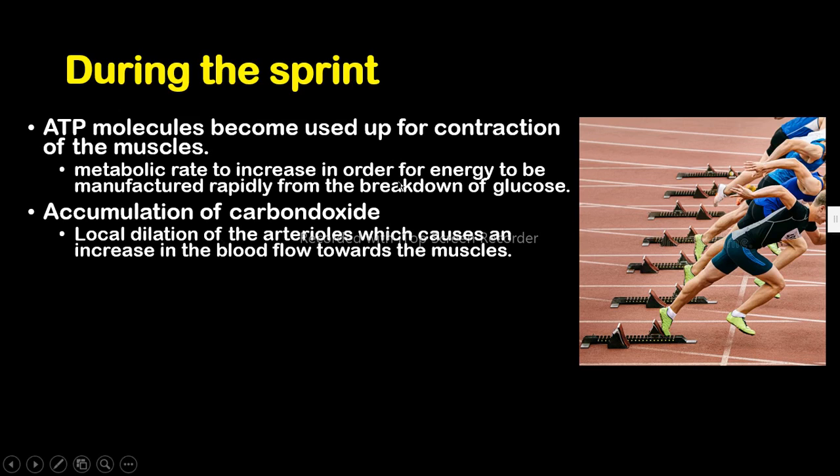So in the process, carbon dioxide is going to accumulate in the skeletal muscles, which will diffuse into the circulatory fluid, which is blood, lowering the pH. In other words, you increase the acidity of blood.